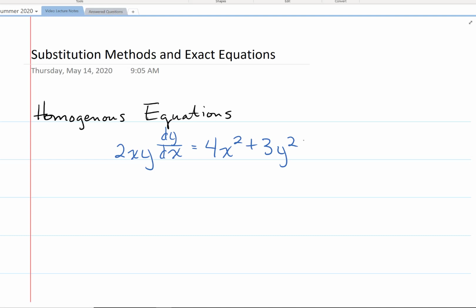All right, so here's what's going to happen. This is an homogeneous equation. I'll tell you why it is in a second, but here's what we're going to do. We want to take this equation and solve it for dy/dx, and that's simple.